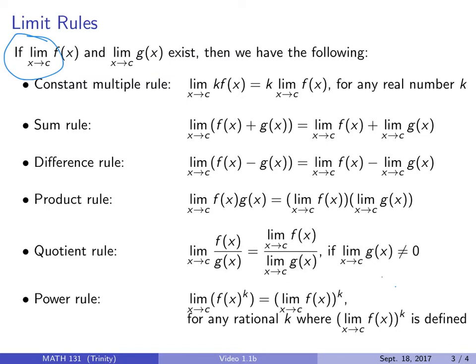So if my limit was, say, -1, then I can't use this theorem with k equals 1/2, because then I'd be trying to take the square root of a negative number, which I can't do. As long as you don't have anything like that happening, you can use the power rule to calculate your limits of a function to some power k.